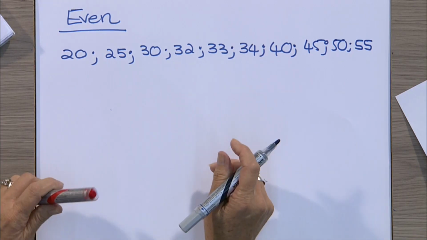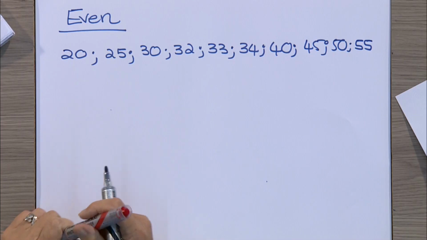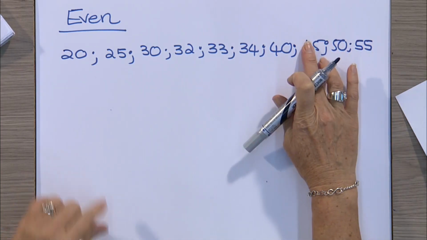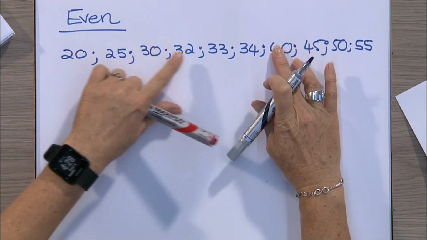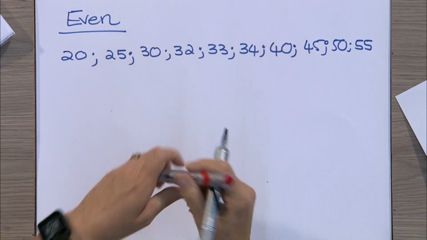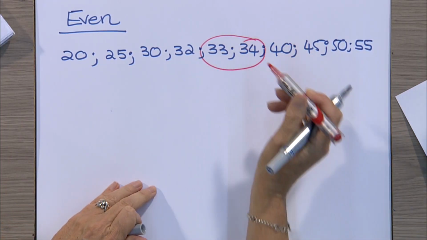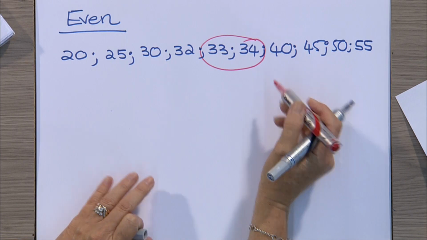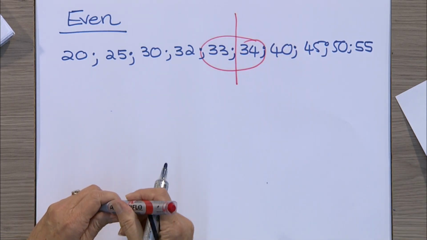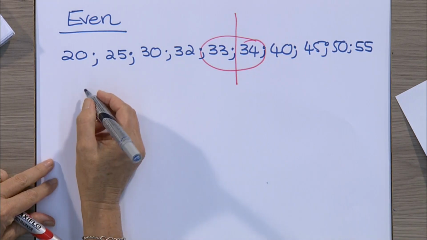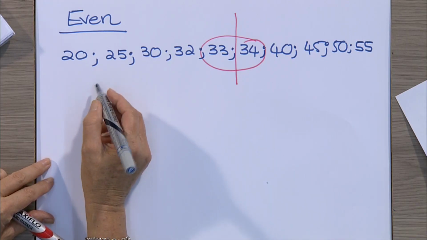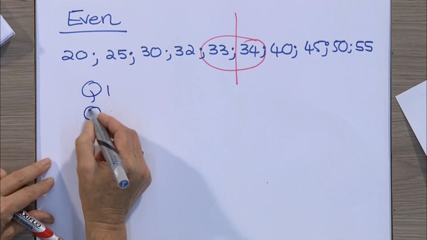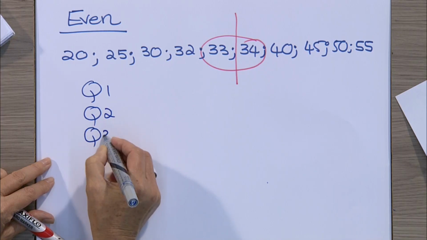So we are going to work out the median first. So we have 1, 2, 3, 1, 2, 3, 1, 2. Because it's an even data set, we will have 2 middle values. All right? So we are going to add them together. We are again going to work out quartile 1, quartile 2, quartile 3.